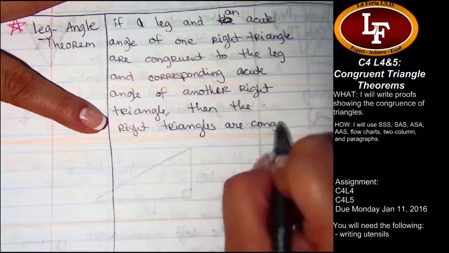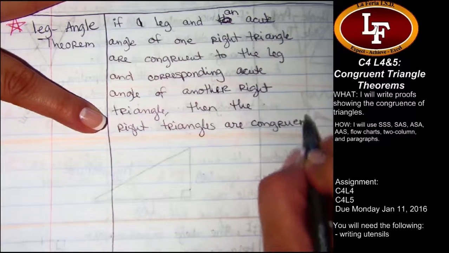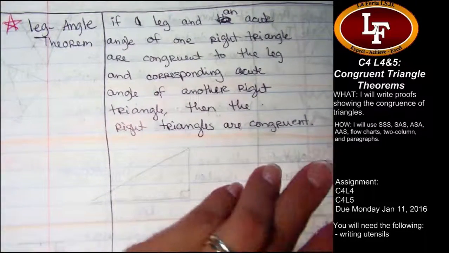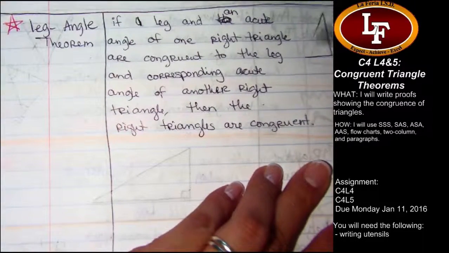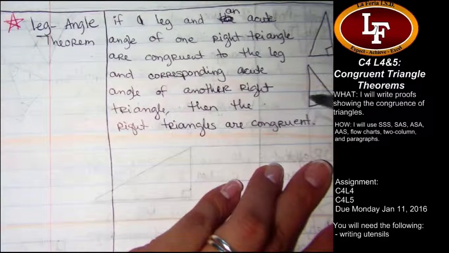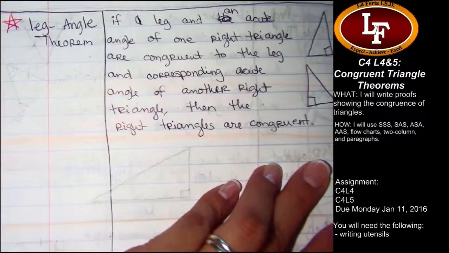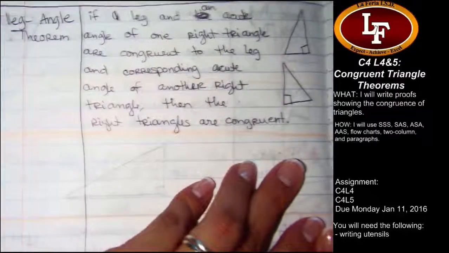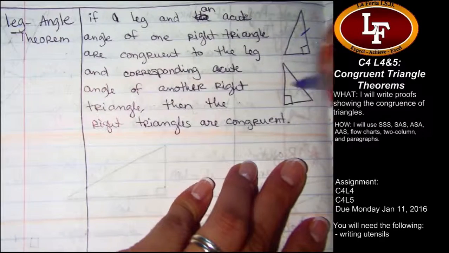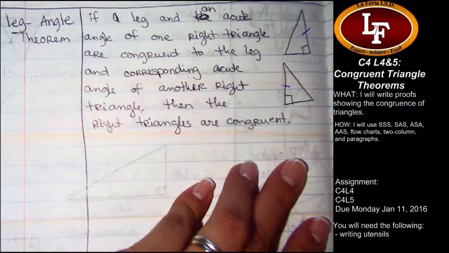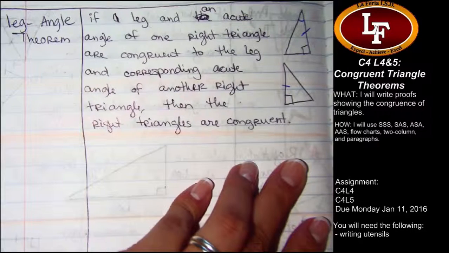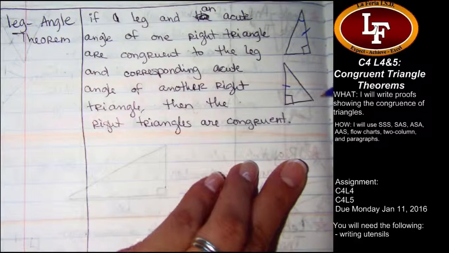Again, I'm okay if you decide to shortcut and write then they are congruent, so long as you in your mind know that we're talking about specifically those right triangles. Diagram. You're welcome. All right, we need a leg, and we need, on the first one, one of the acute angles, but on the other one, it has to be the corresponding one.